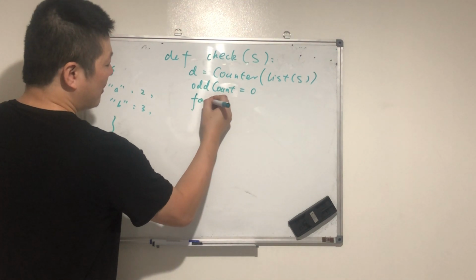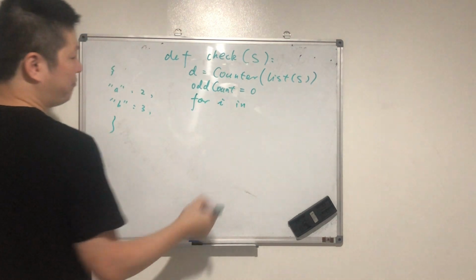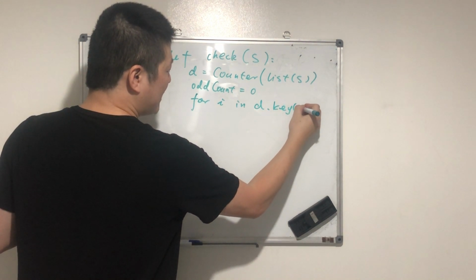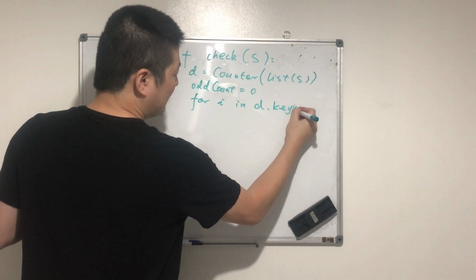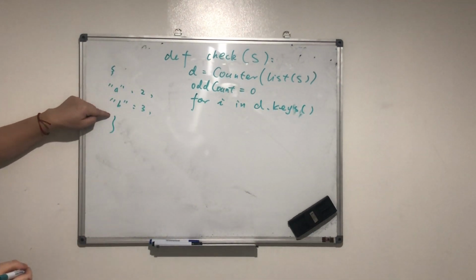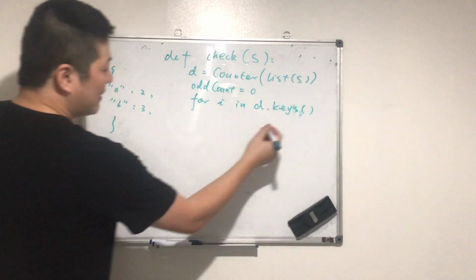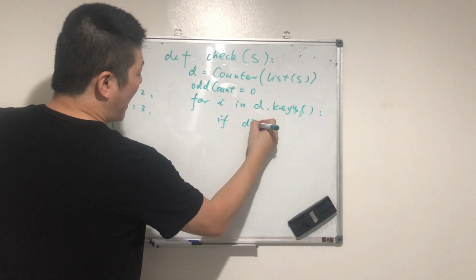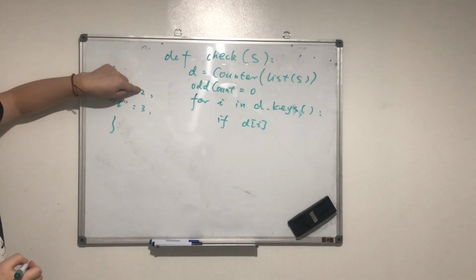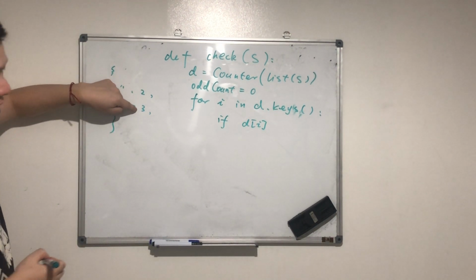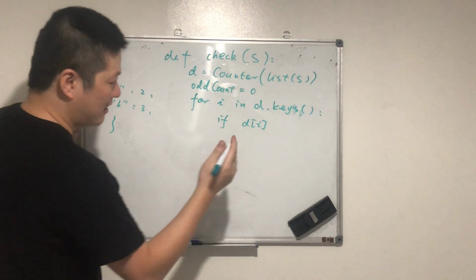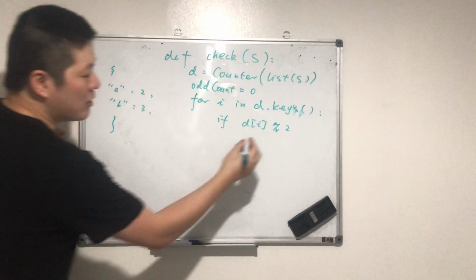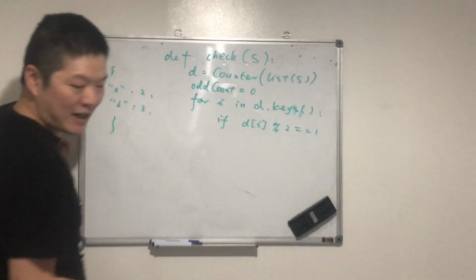So for i in d.keys(). Remember, d.keys() are the characters in the string. If d[i], the number of times it appears, is odd, we can do this modulus 2, or modulus 2 equals 1, right?